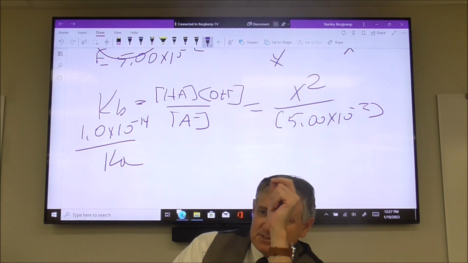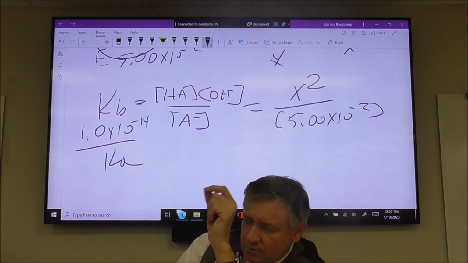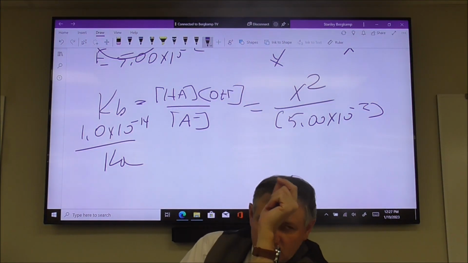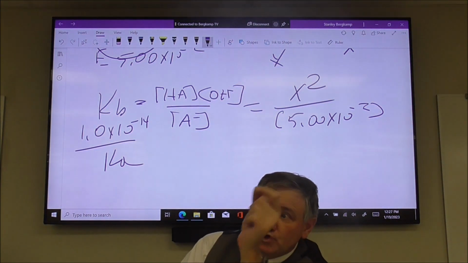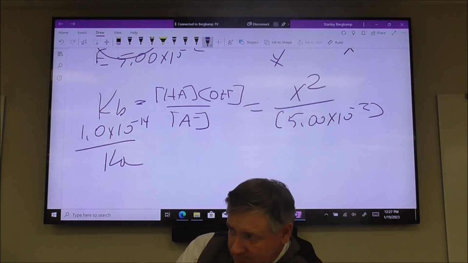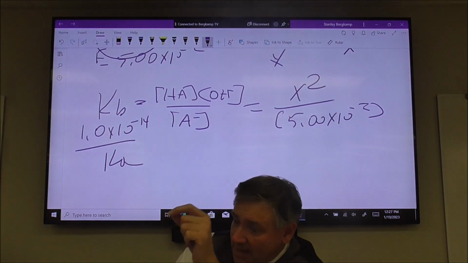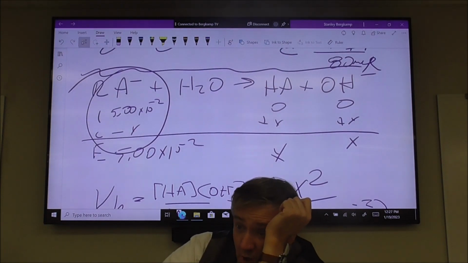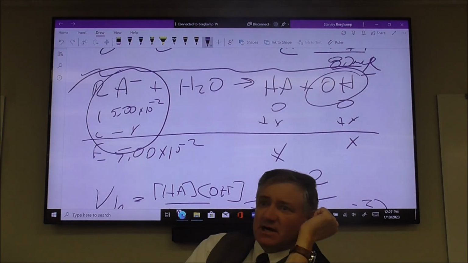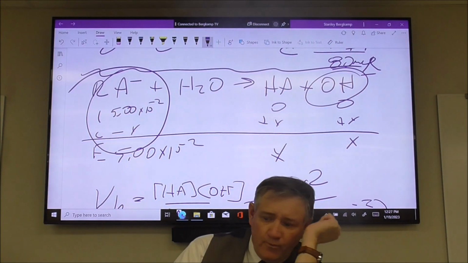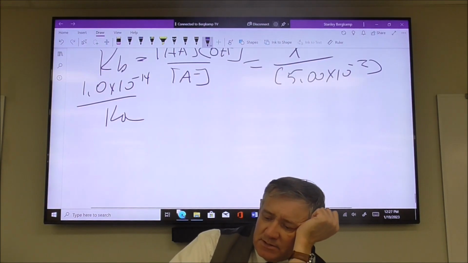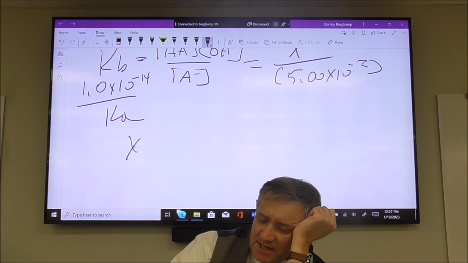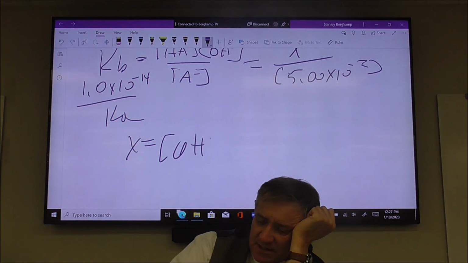And again, here's the kicker. This is why you write out that reaction. So when you find X, you know what you're finding, okay? When you get that X, you go, oh, that's my hydroxide ion concentration, okay? So when you find X, that's your hydroxide ion concentration.